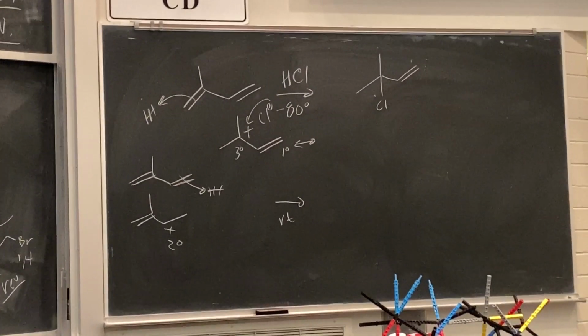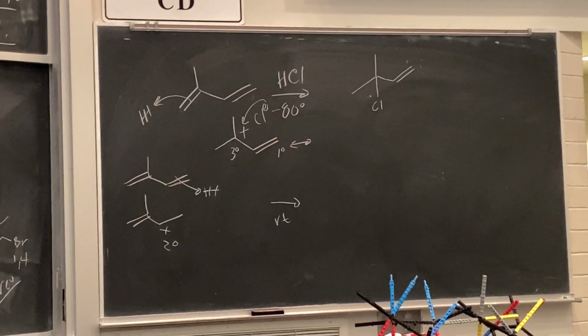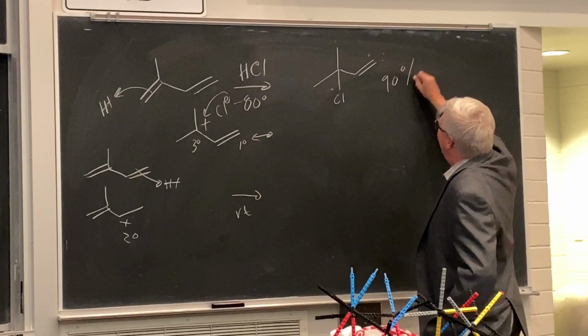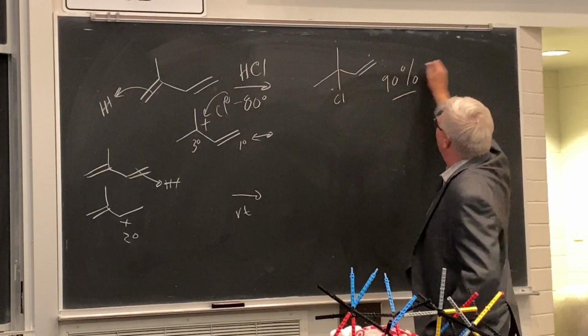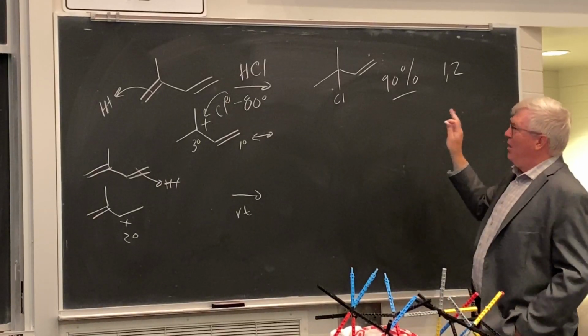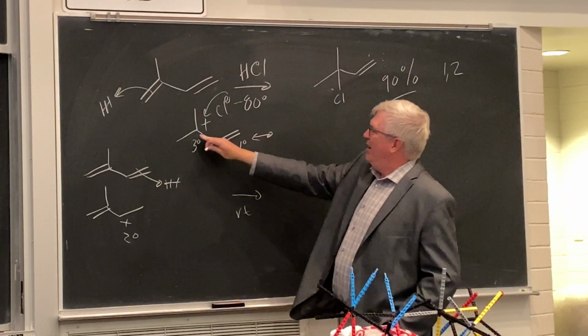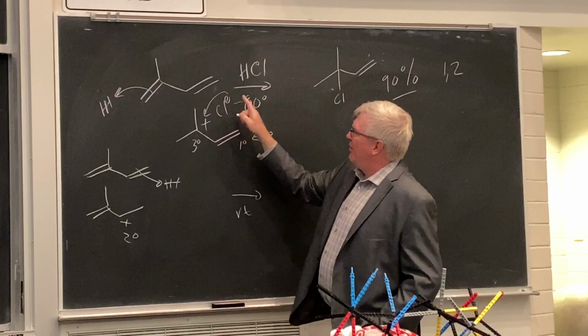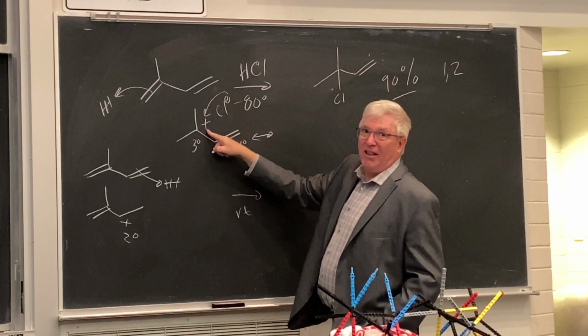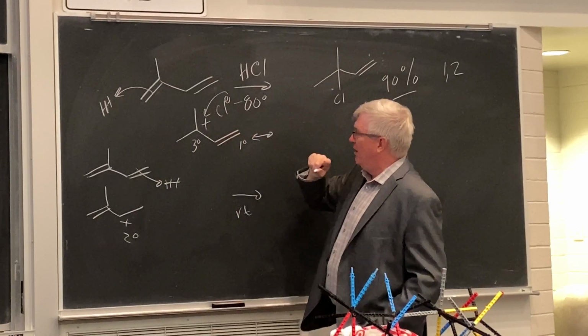Sorry, you don't have to go back to it. 90%, yeah. So minus 80 degrees, yeah, 90% yield. Okay, and 1,2, and that's fine. I mean, most of them will follow that paradigm. But you should see we're forming the more stable allyl cation, and we're attacking at low temperature at the more substituted spot. So that's where it's going to be faster, okay, because there's more positive charge there, okay?